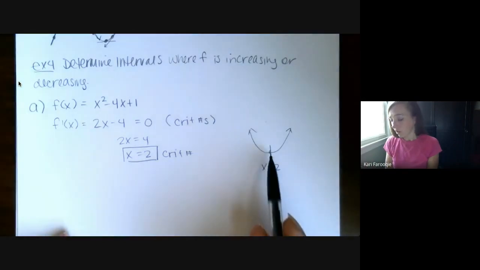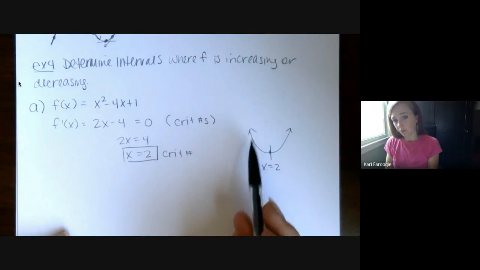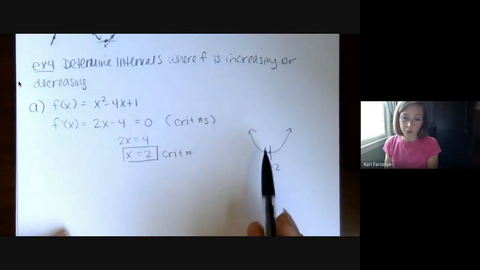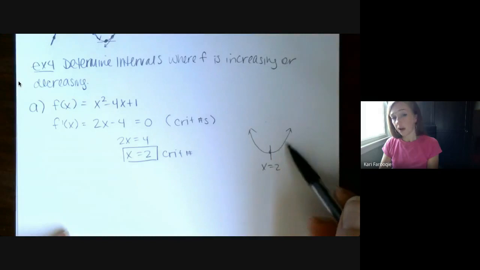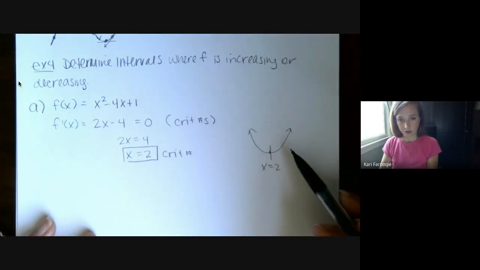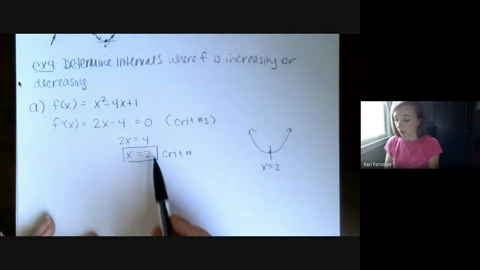So we're going to look at values to the left of 2 and to the right of 2, and we're going to show what the slopes of the tangent lines are on each side. If the slopes are negative, which we are expecting on the left of 2, then we'll say that the function is decreasing on that interval. And if the slopes are positive, then we'll say that the function must be increasing on the interval. But something's happening at 2.